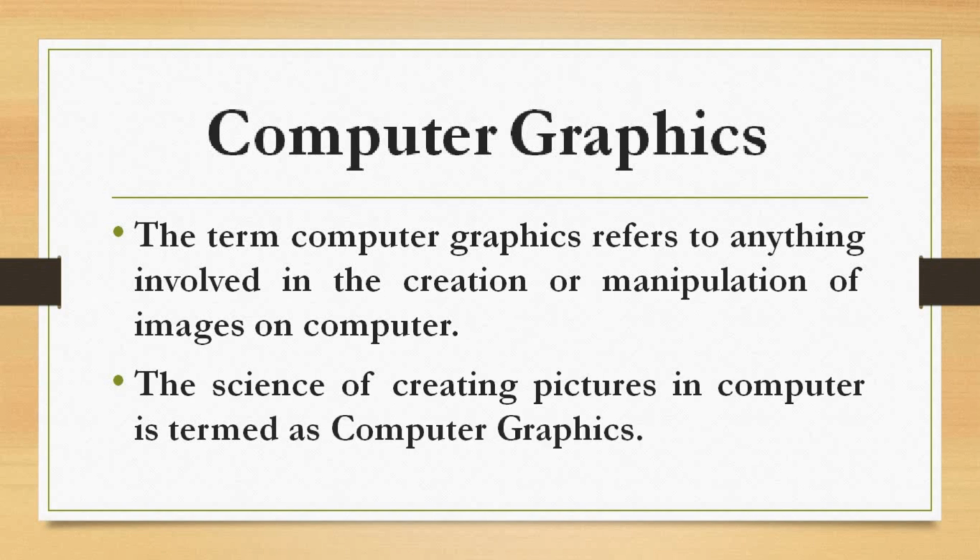Hope you have understood the term. What are graphics? Images. So when images are created with the help of your computer, and you do any operation on them, that is called computer graphics. Hope you have understood.